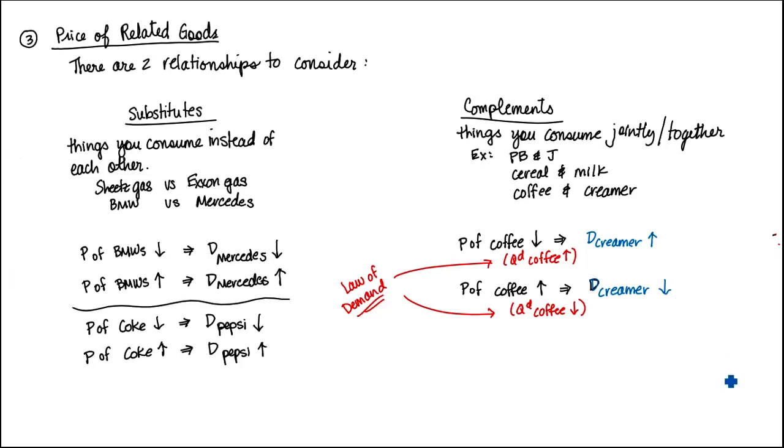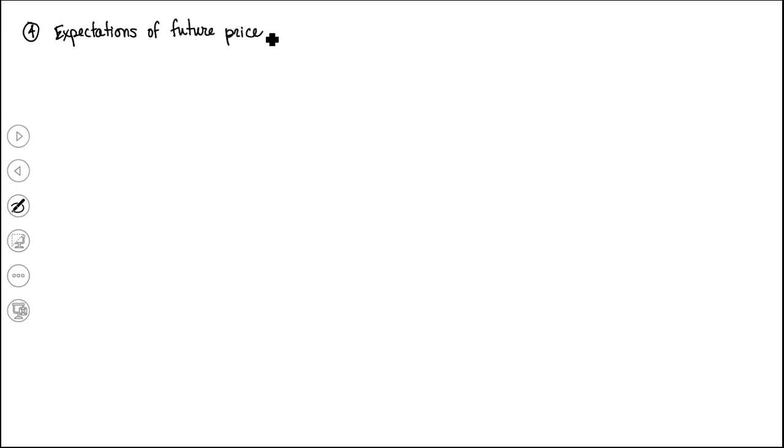Number 4, we've also already talked about. So number 4 is expectations of future prices.